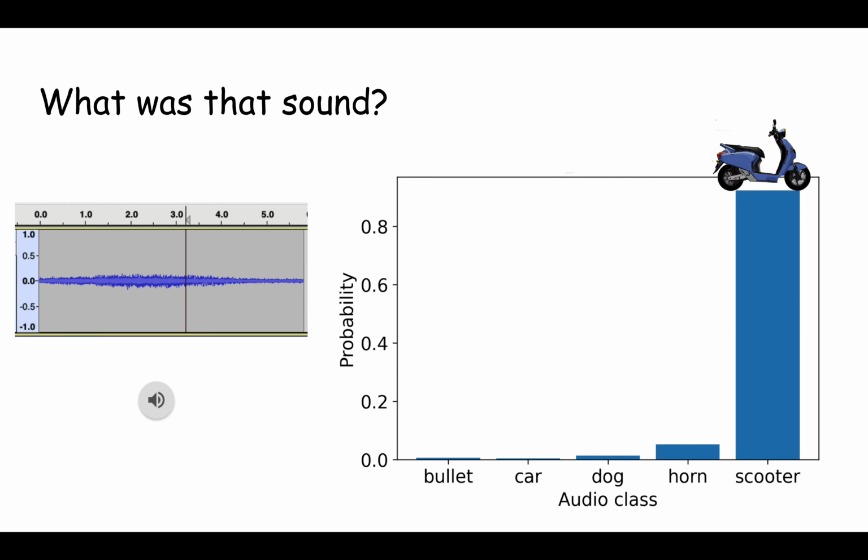And this could be really helpful in various situations where there is no access to imaging. For example, if we are trying to identify the species of birds in a forest area, then it's much easier to go ahead and record the chirping sounds of the birds, and then analyze them using methods such as this to classify what types of birds are there in that particular locality.